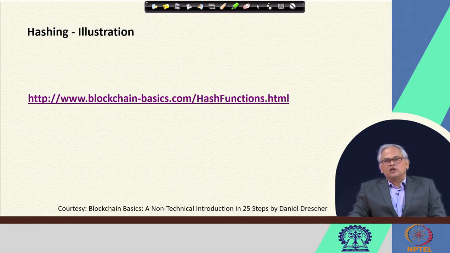Having said that, let us take an example where we can actually generate hashes for certain types of messages. We can go to a particular site; there are many such sites available online, and this one is the supplementary information and data for the book Blockchain Basics, a Non-Technical Introduction in 25 Steps by Daniel Drescher.